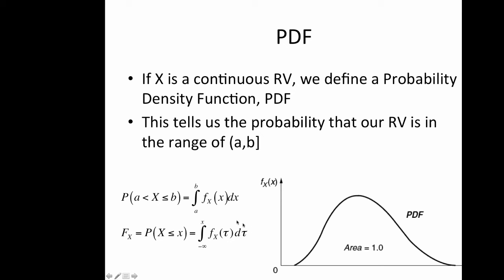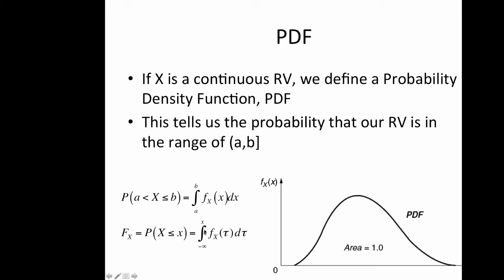Right? Now similarly, how we could derive the CDF using the PDF, well, the relationship is similar in a continuous function as well. The CDF for our continuous random variable x is equal to the probability that x, the random variable, is less than or equal to x.